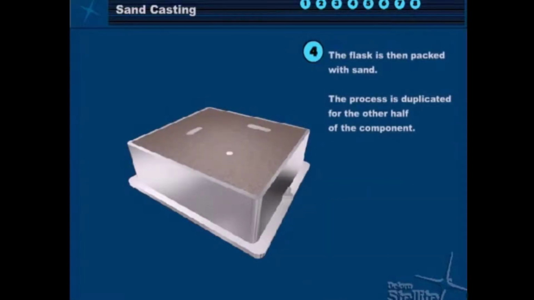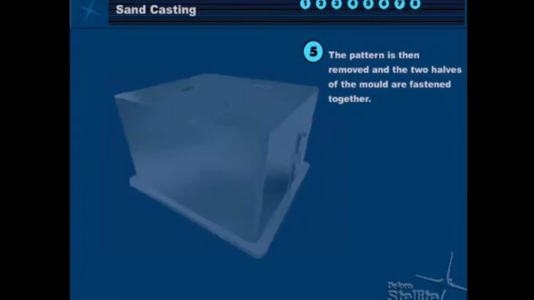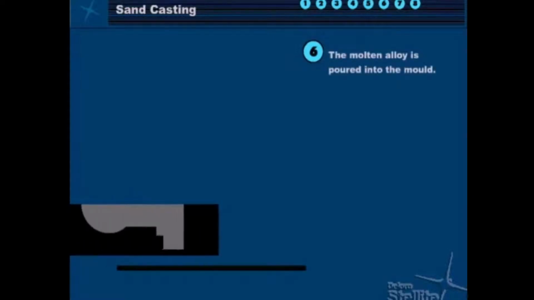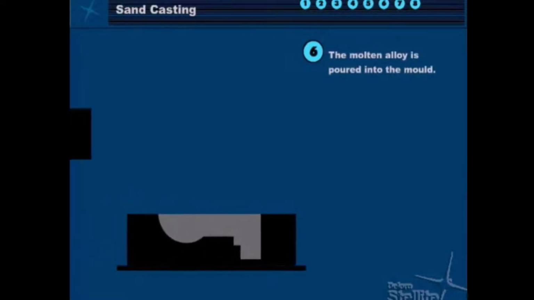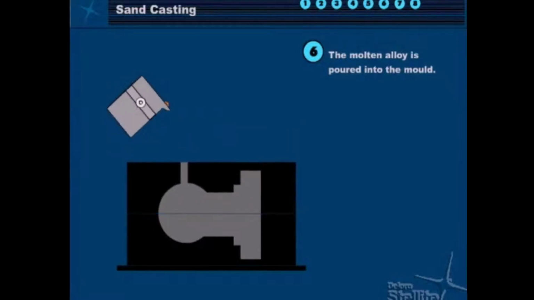When packed, the sand conforms to the shape of the pattern, with a binder mixed onto each sand grain. When the top and bottom halves of the mold are fastened, the mold cavity is now complete. Now we're seeing a cutaway view of the mold cavity and a simplified concept of how the mold cavity is filled.